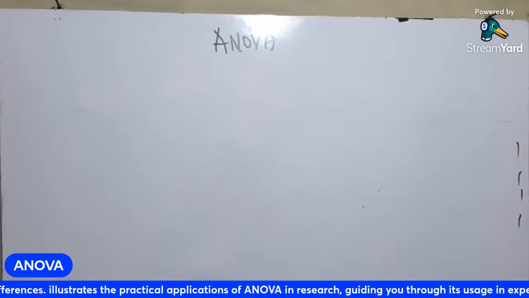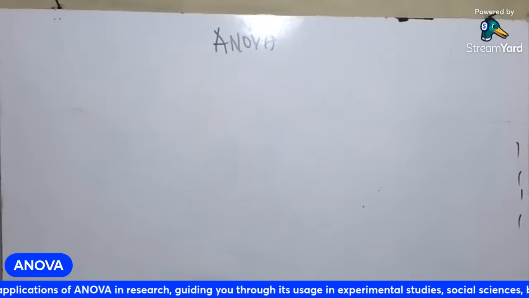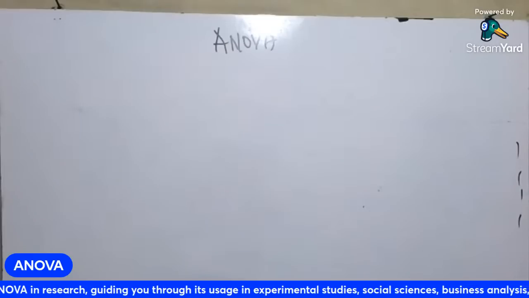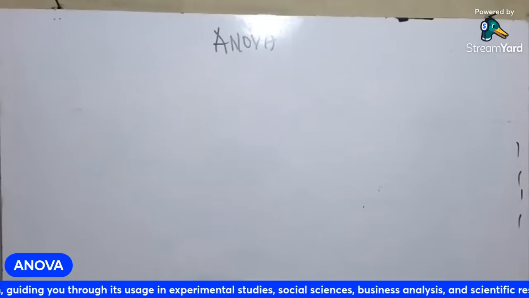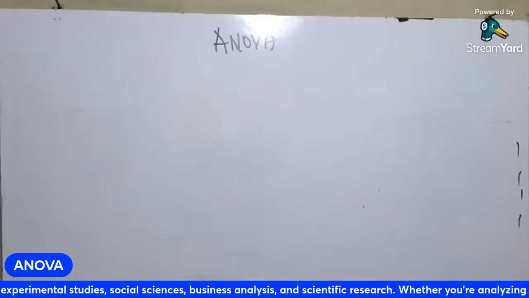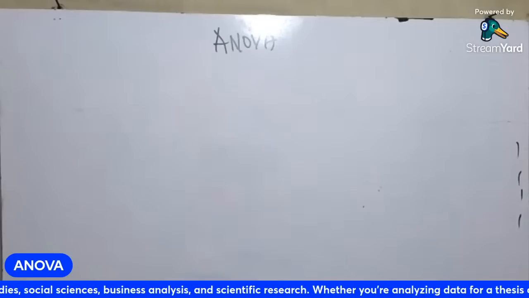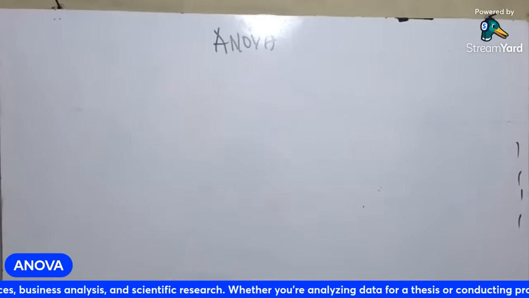Of course, if it is just 2 sample means, you make use of the t-test. But when it's getting to 3 or more, you have to make use of analysis of variance.